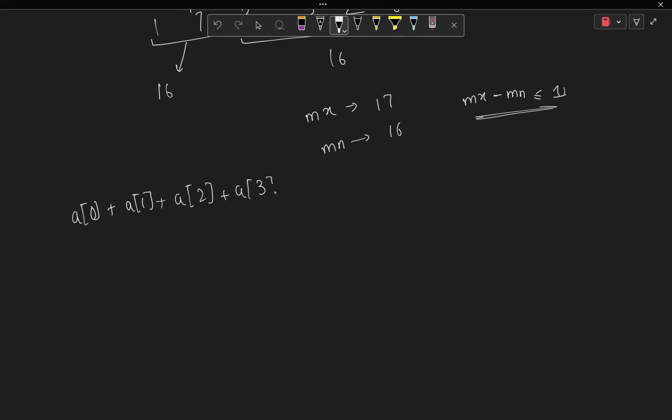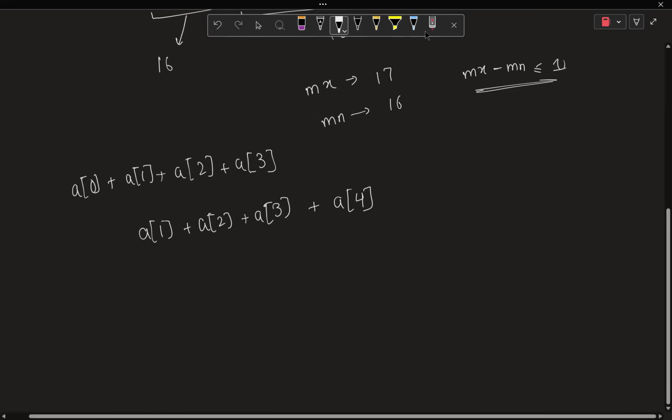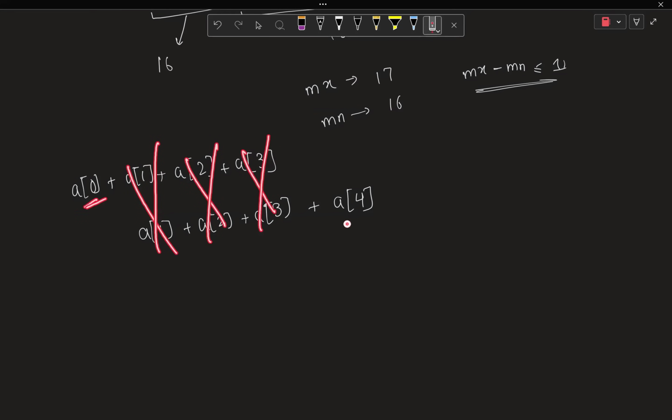Right now I'm taking k equal to 3 for explanation purposes. And in the second subarray of length k, I will have elements a1, a2, a3, and a4. Right. And now you can already see that three of the elements are equal. Only these two elements are different.